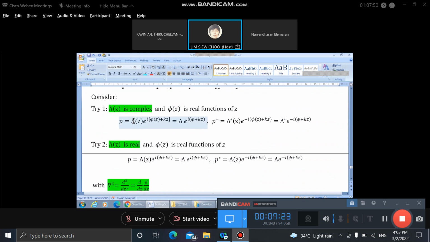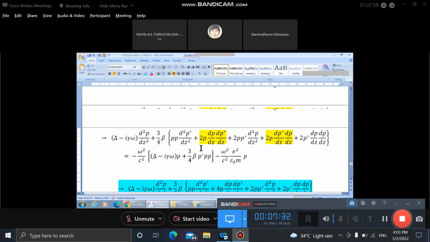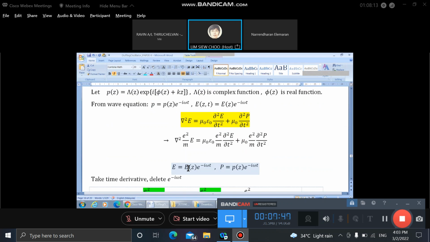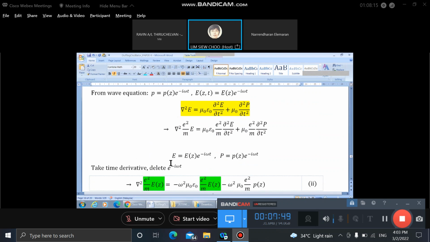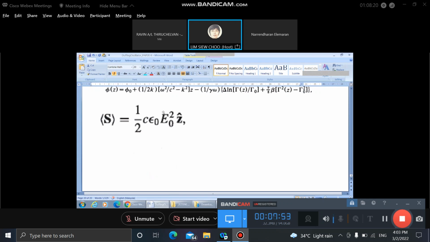Because P depends on this. Once you know the P, then you know E by this equation. Once you know the E, then you substitute your E back into here. So you get your energy flux.